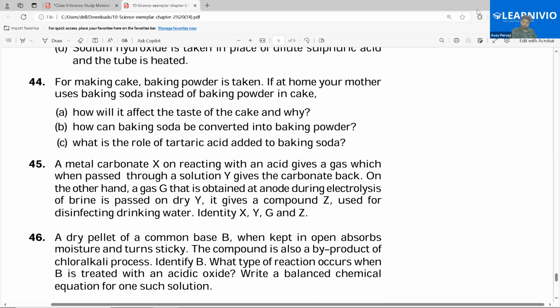X is CO2 gas. No, X is a metal carbonate which is reacting with an acid. Calcium carbonate. How can you say whether it is calcium carbonate?